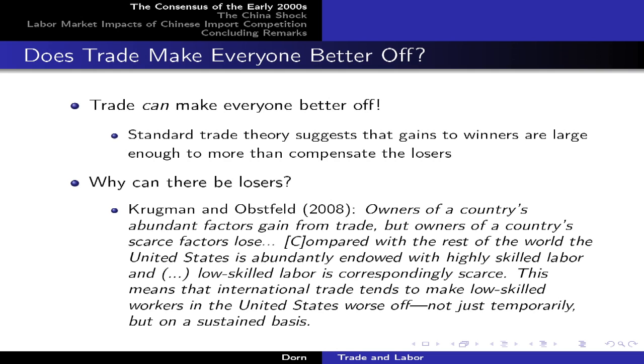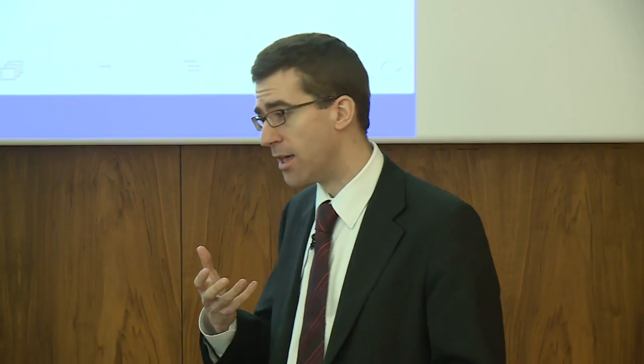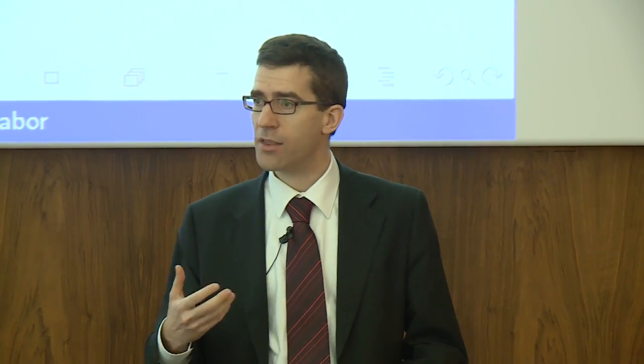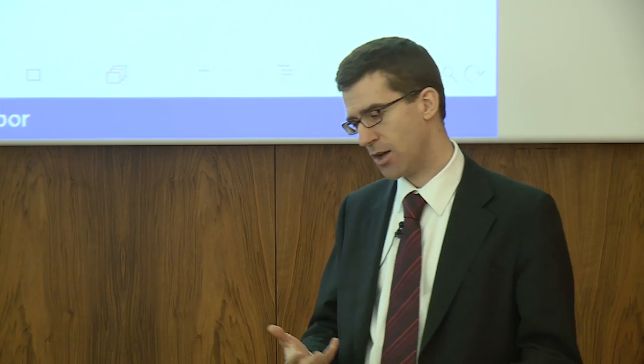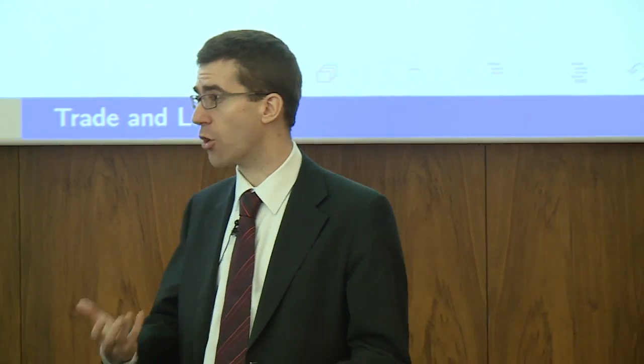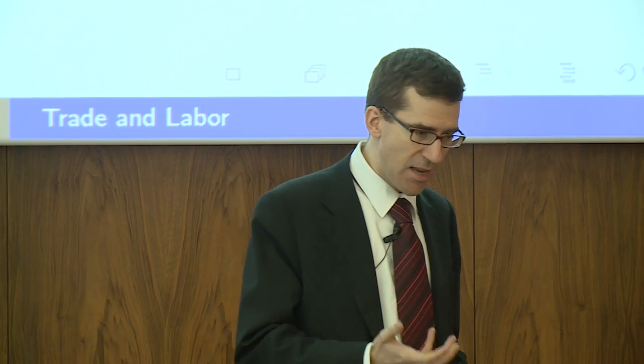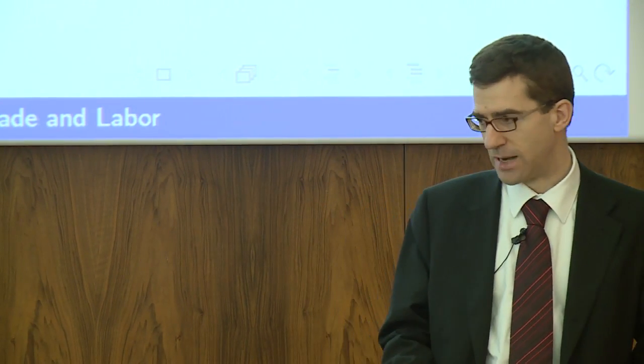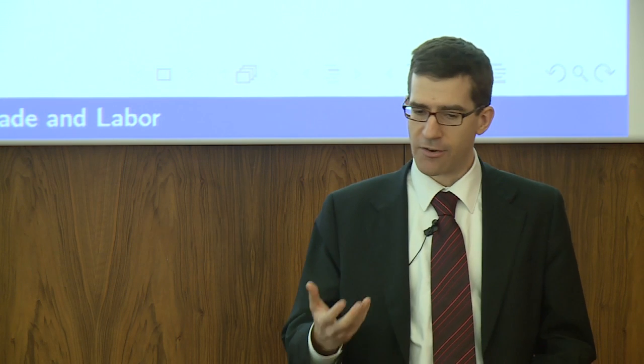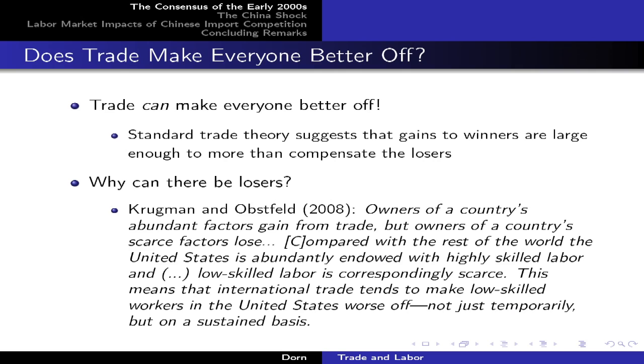Already the textbook treatise of international economics, however, recognizes that there is a potential for having segments of the population for whom the direct impact of international trade might be adverse. In the setting of developed countries, for the United States, for instance, or Western Europe, there has been the typical assumption that those countries are relatively abundantly endowed with skilled labor relative to trading partners in the developing world.